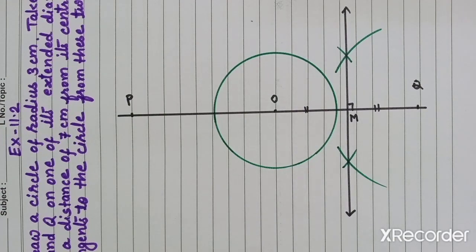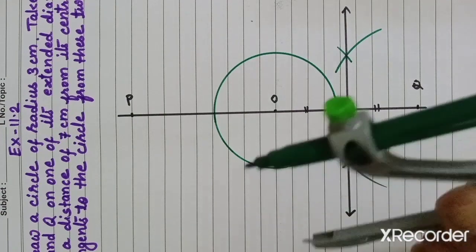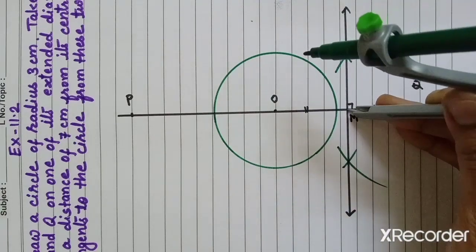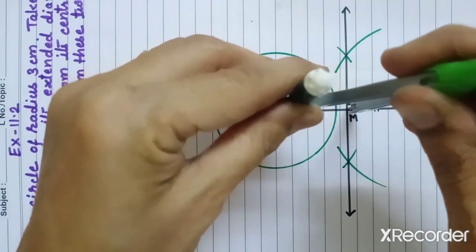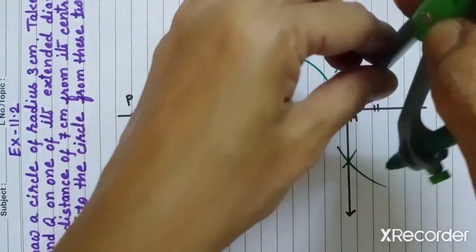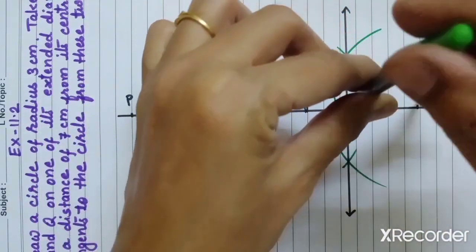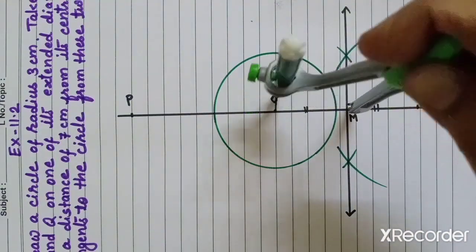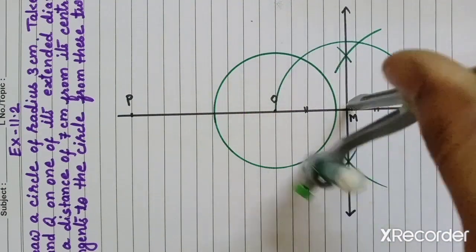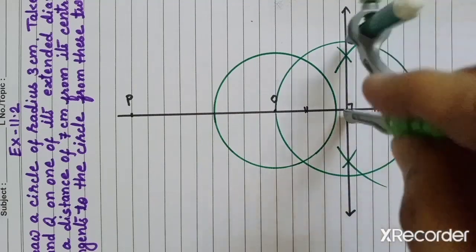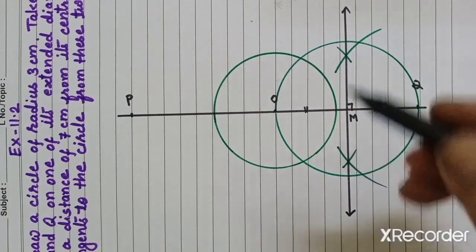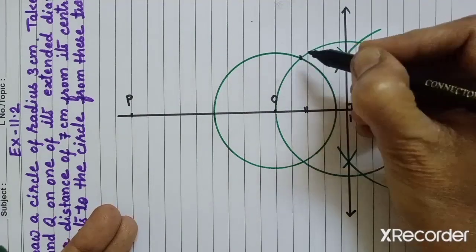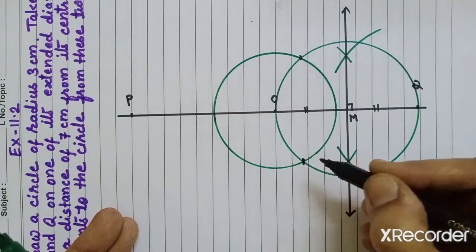Right? Give an arrow here. Suppose this point is point M, which is the midpoint of OQ. Now you take this point M as a center and this OM distance as radius, OM or MQ, same, and draw a circle. Right. Now this circle will intersect the given circle in 2 distinct points.